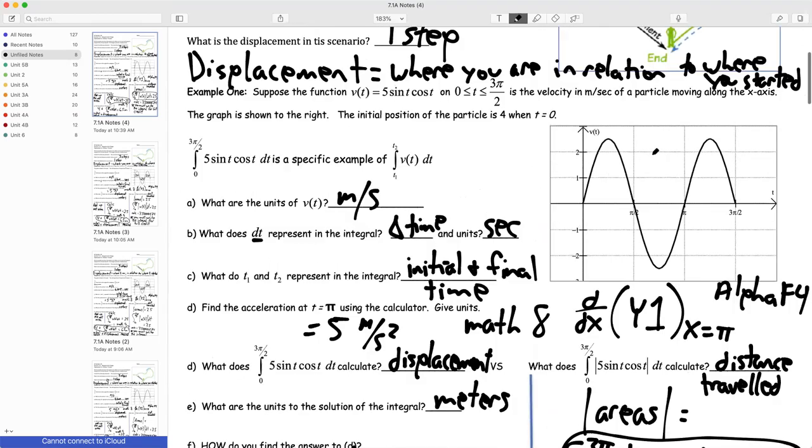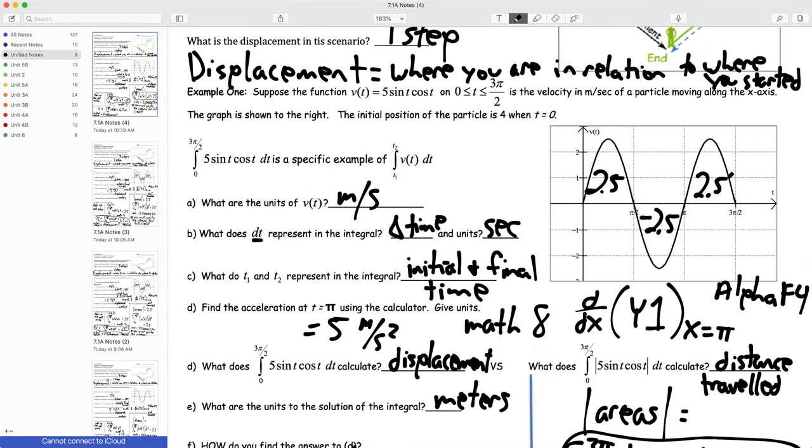I skipped this on the graph, but let me explain why we got those values. It's a trig function, so it's periodic. So this is 2.5. This would be negative 2.5 because it's below the x-axis. And this would also be 2.5.